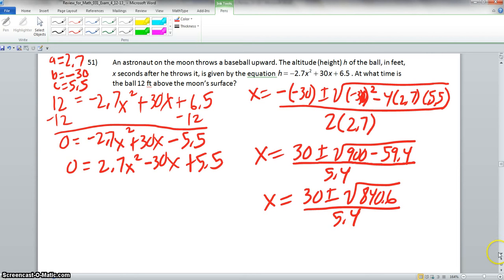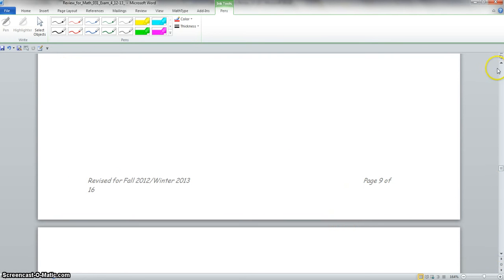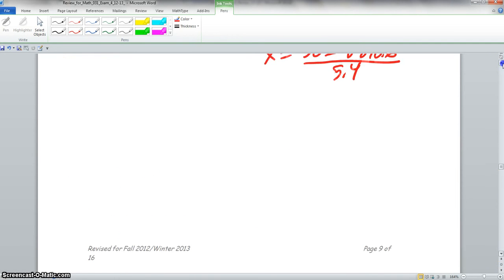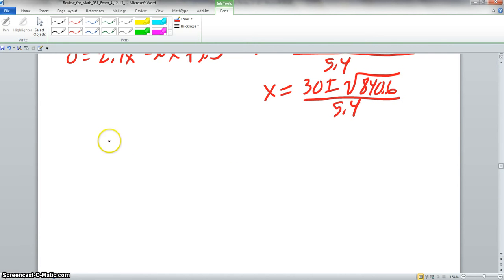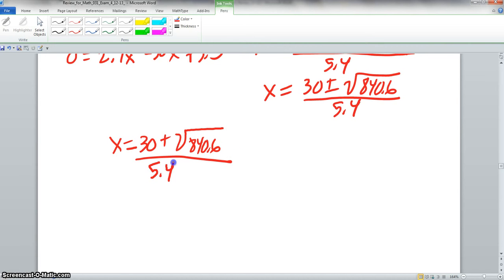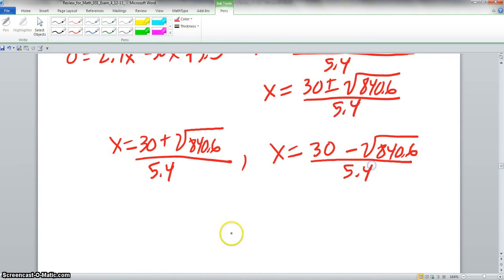Now, we need to put this in our calculator. So we will have x is equal to 30 plus the square root of 840.6 all over 5.4, and also x is equal to 30 minus the square root of 840.6 all over 5.4.